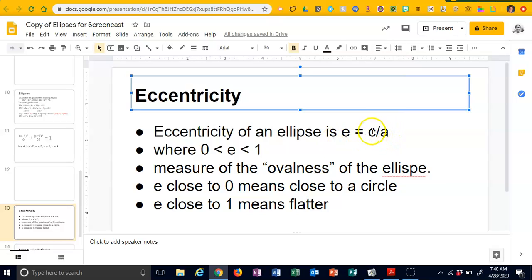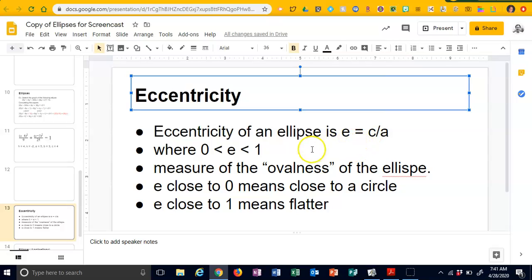So E can be anywhere between 0 and 1. If it were 0, that means that the foci are right on the center. If it is 1, it means that the foci are right on top of the vertices.